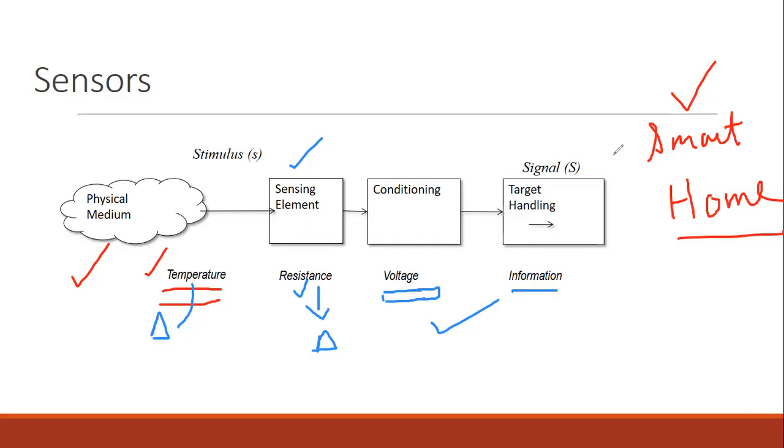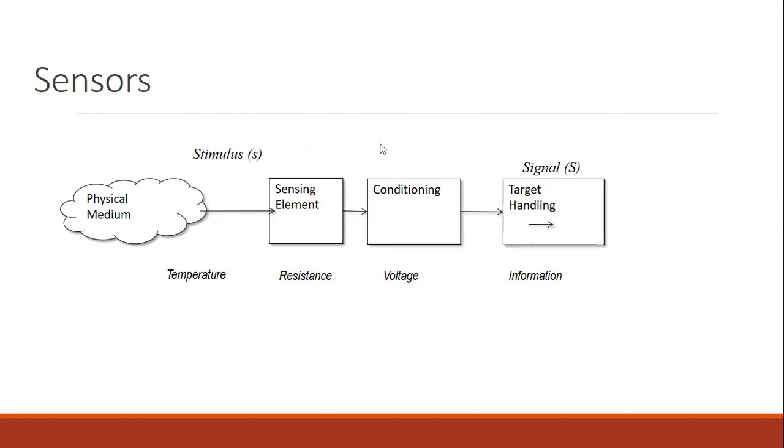So in every sensor, what is the common thing? In every sensor there is one sensing element which produces a change in a specific parameter or characteristic according to the physical parameter of the real world environment.